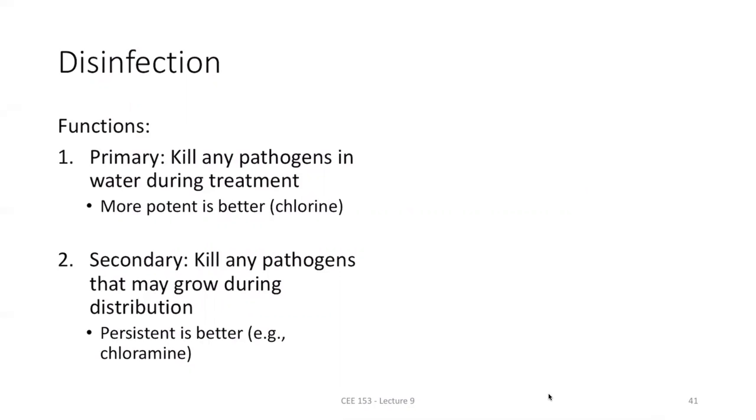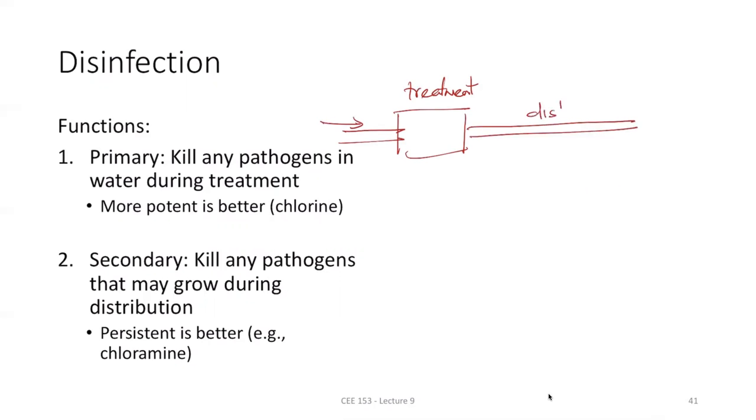Let's say this is the disinfection, this is treatment, coming from other treatment processes, and then you distribute. This is the distribution system, like pipes coming all the way to the home, and this is your home or end user.